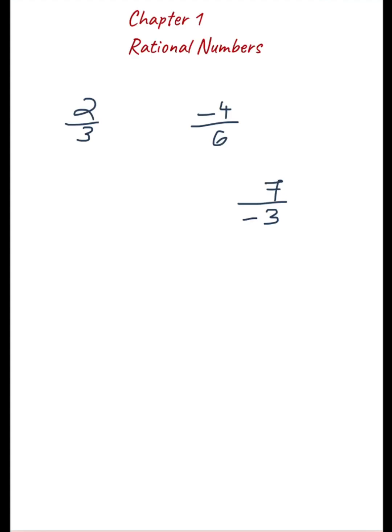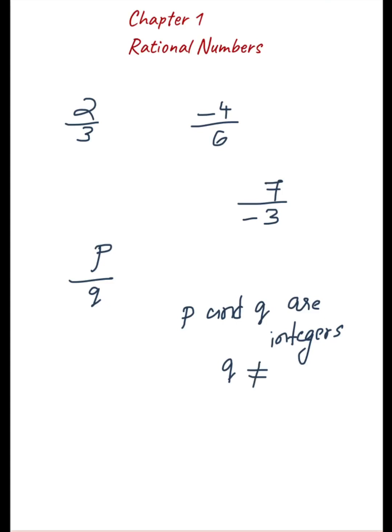So what is the definition for a rational number? You know that. Any number which can be written in the form p by q, but a condition is there. Both p and q should be integers, and also q is not equal to 0.